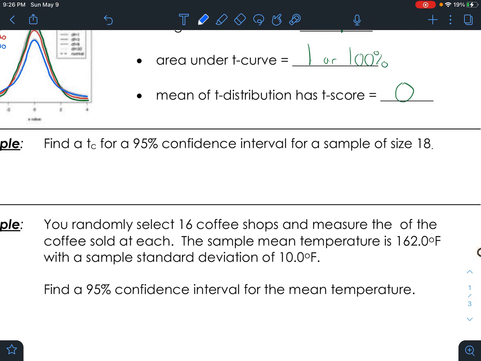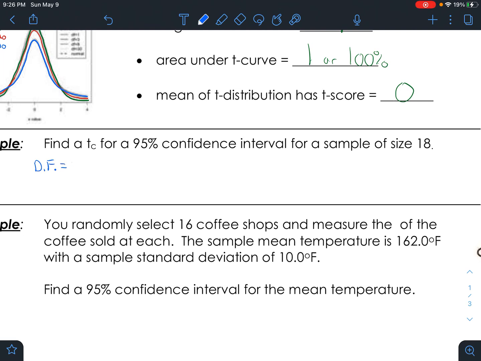Okay, so example. We're going to find the critical value t sub c for a 95% confidence interval for a sample size of 18. The first thing we need to do here is figure out what our degrees of freedom are, because remember, these critical values for our t-scores are based on the degrees of freedom.